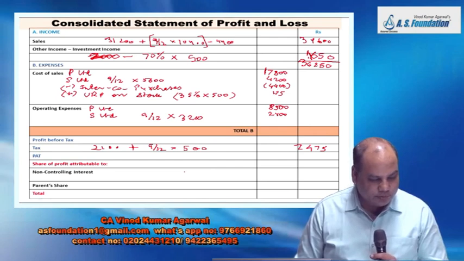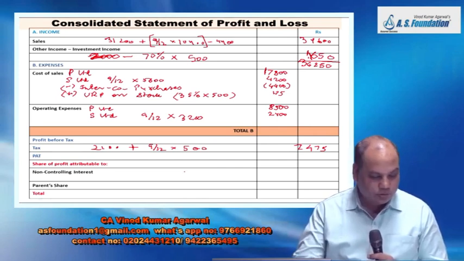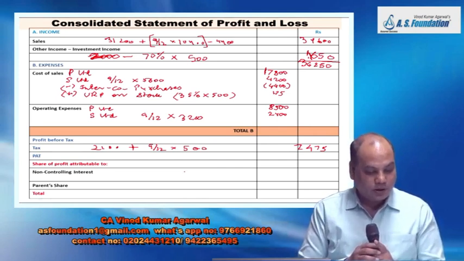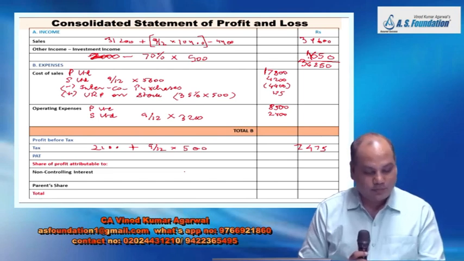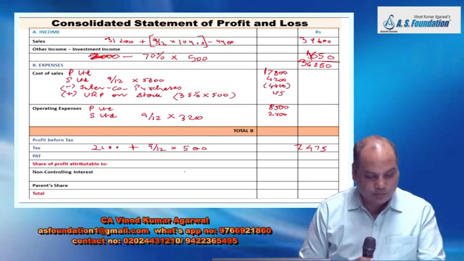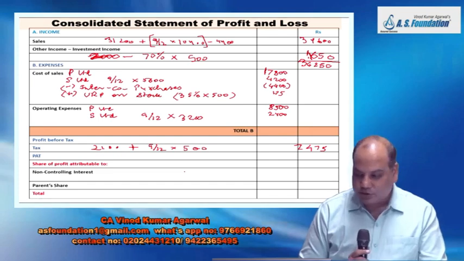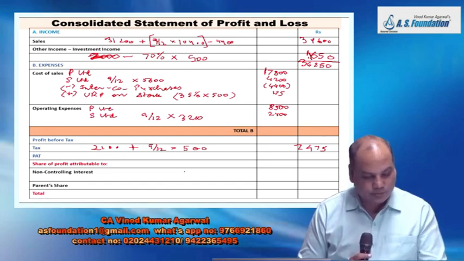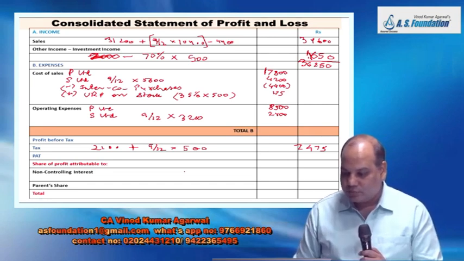Adjustment number 1. On 1st July 2017, an item of plant in the books of S had a fair value of 5,000 in excess of carrying amount. This is a balance sheet adjustment. At this time, plant had a remaining life of 10 years. Depreciation is charged to cost of sale. So come to cost of sale.